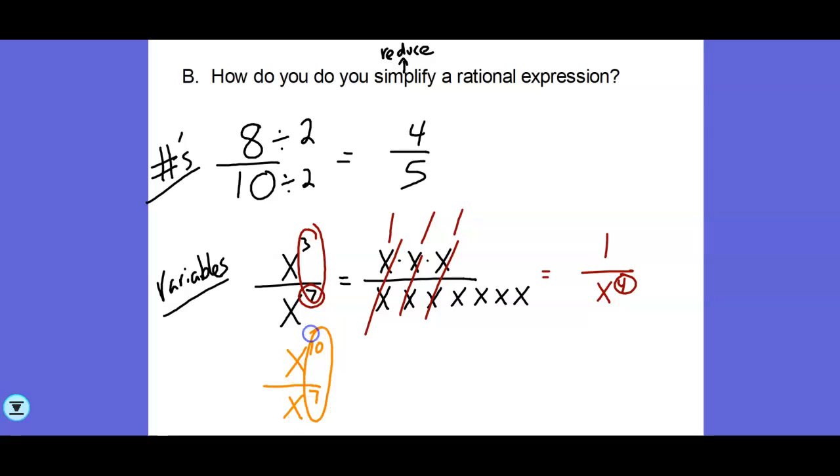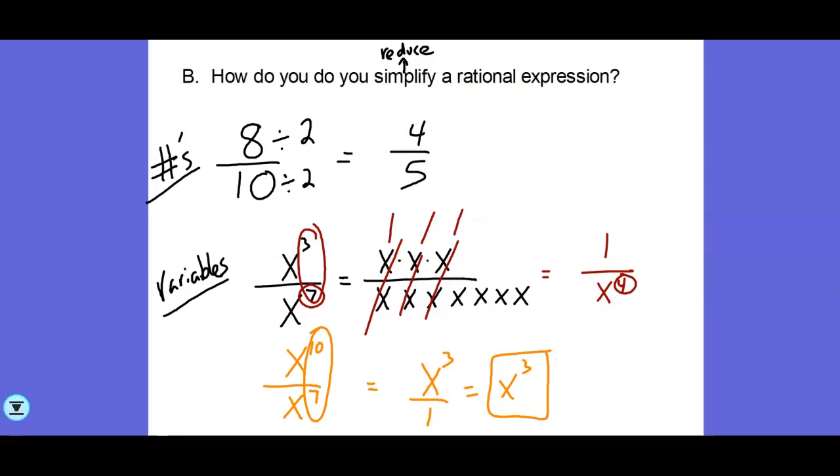We subtract the powers: 10 minus 7 is 3, so it's going to be x to the 3rd. But where does it go, the top or the bottom? Since the bigger power was on the top, that's where the leftovers will be, so it'll be x to the 3rd. Now, you could put it over 1 if you want to, but you don't need to have a 1 on the bottom. So you can just write your answer like this.